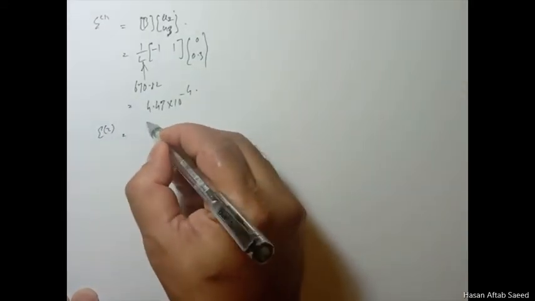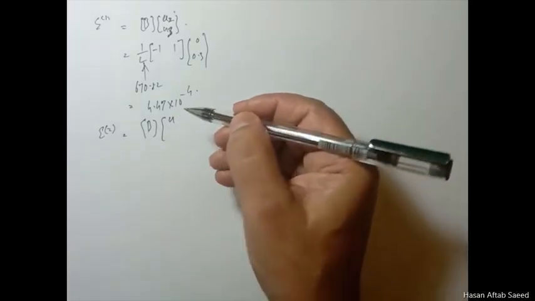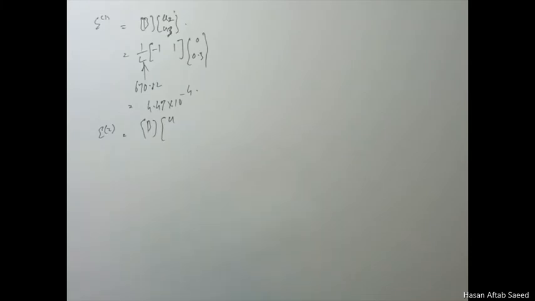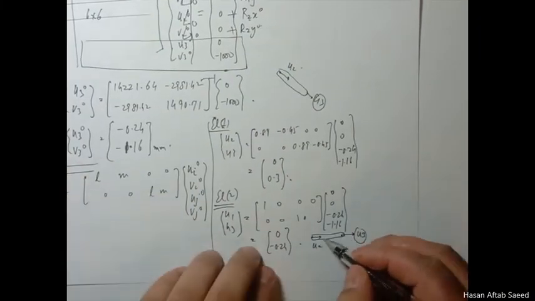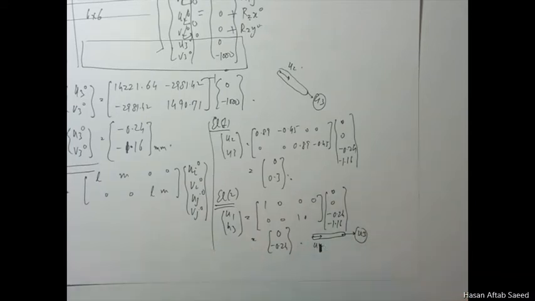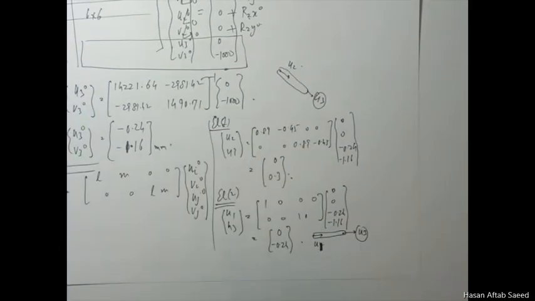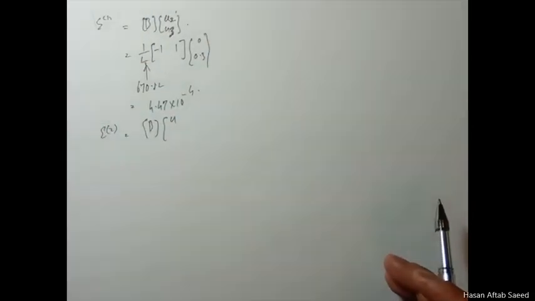Epsilon 2 similarly, b here, for element 2 it will be u3 and u1. I beg your pardon, this is u1, because here, for this element, this is node 1, so u3 and u1.